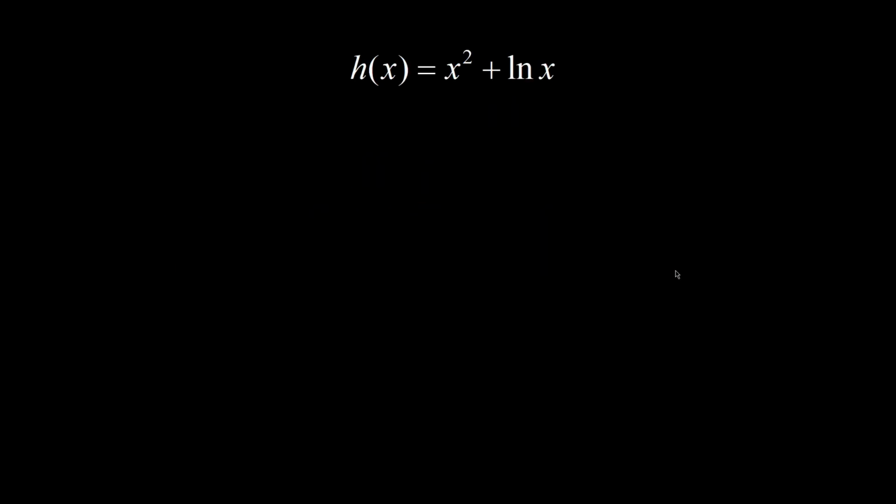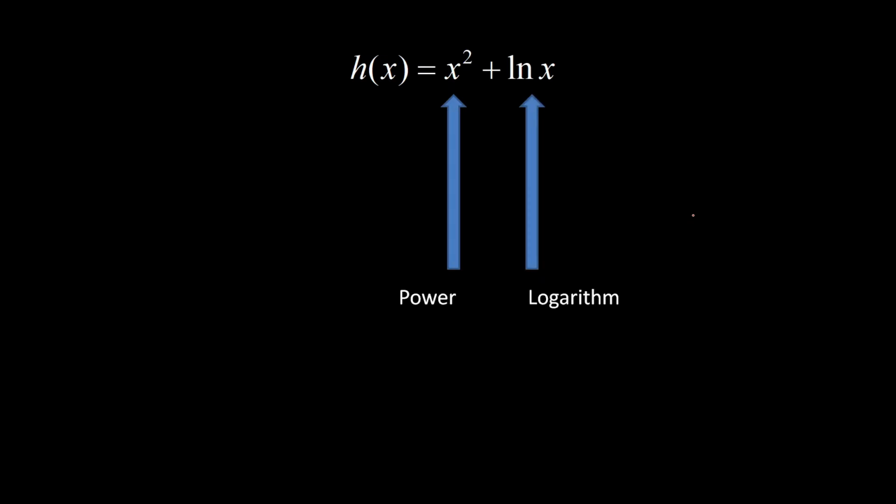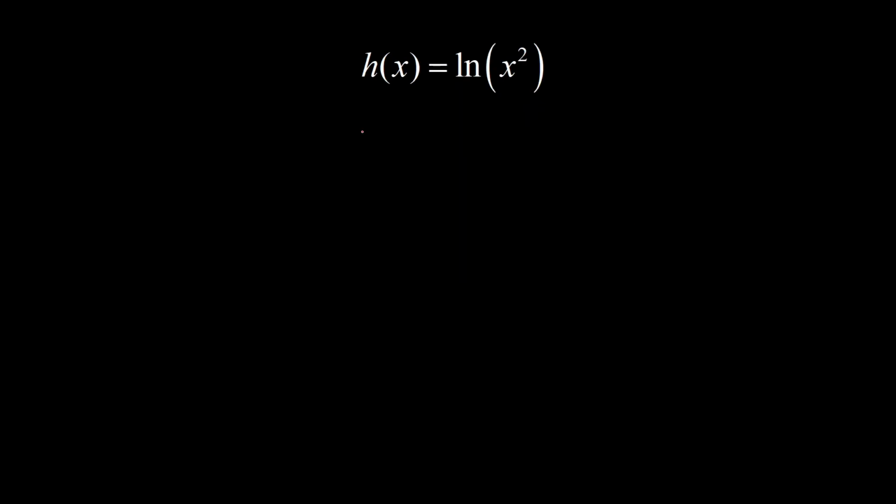So let's take a look at this function here. Hopefully what you're being able to identify at this point is that you have a power function plus a log function. And remember, these things are important so you know which derivative pattern to use. But what about this function? What do you see here? Well, again, we have our logarithm function.